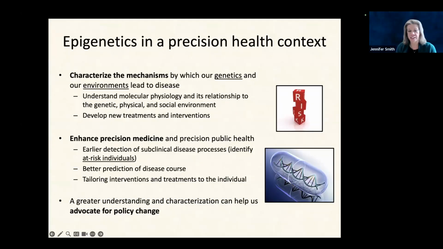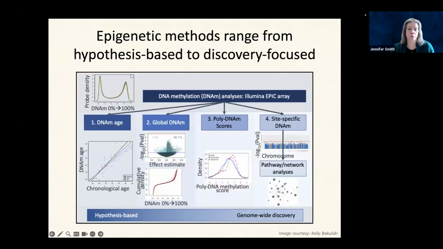Better predict the course of disease and tailor and target interventions and treatments to the individual. Another thing is that understanding and characterizing how social and environmental influences affect the epigenome can help us advocate for policy change and give us a tangible thing to point to and say, hey, look, this is really affecting our biology.